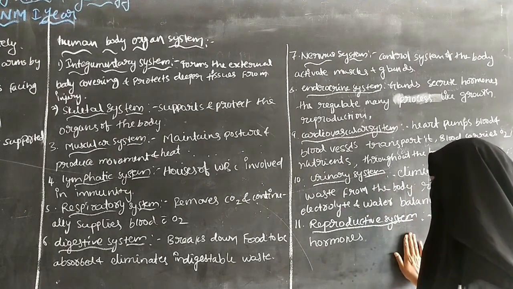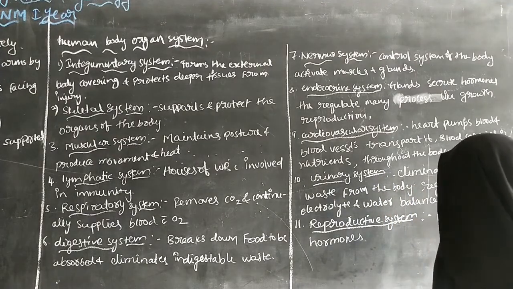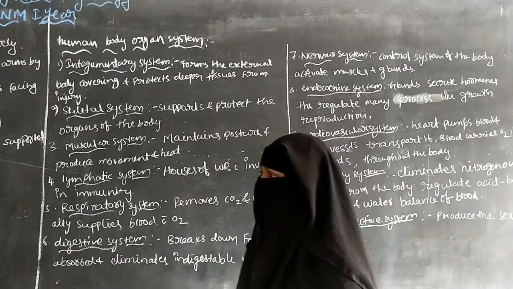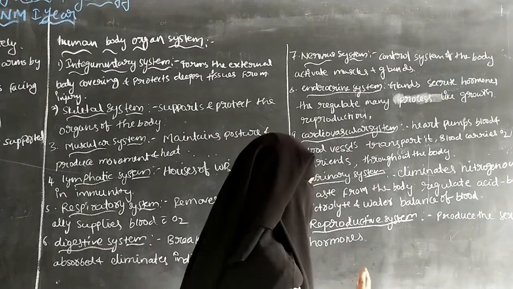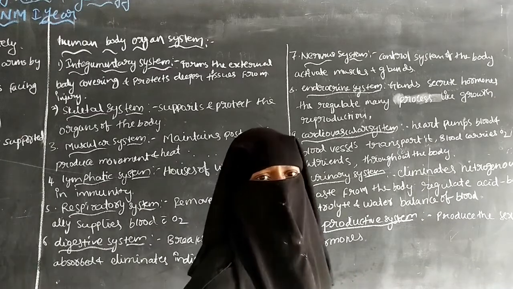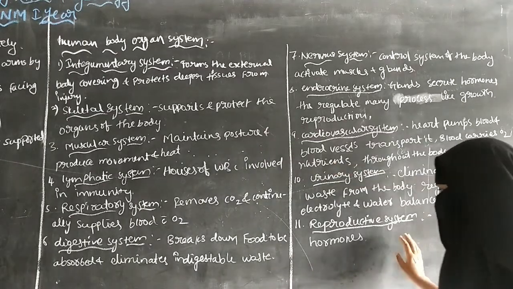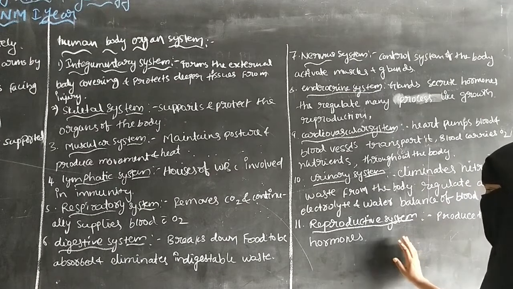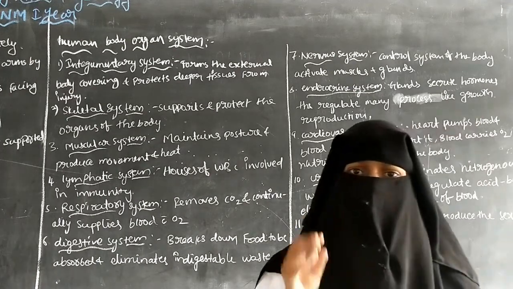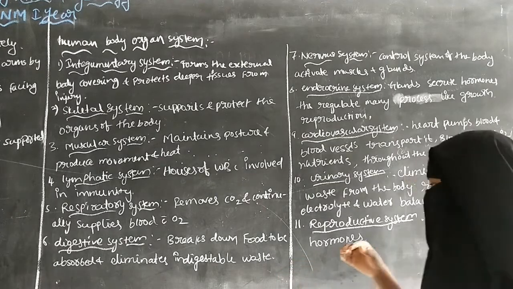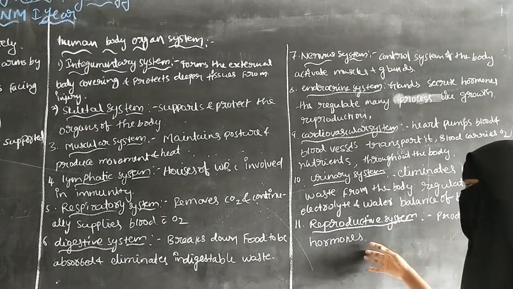And the next one is the reproductive system. It produces the sex hormones. In males, the testes produce the sperm, and in females, the ovaries produce and release the eggs.